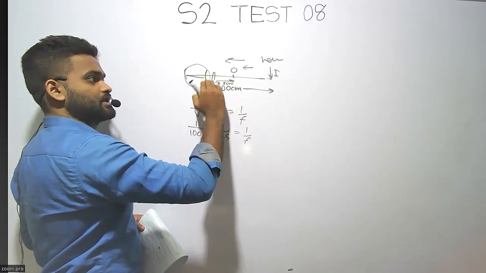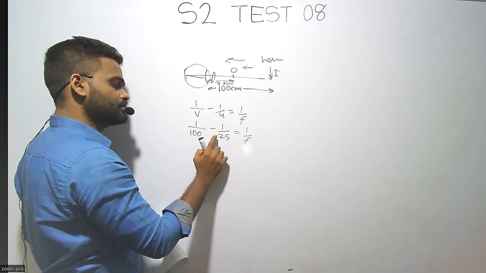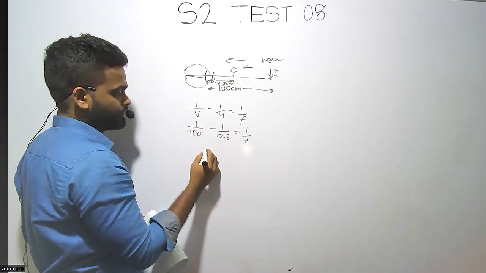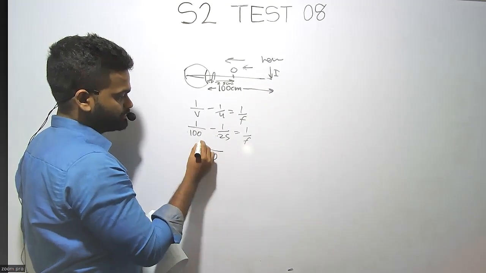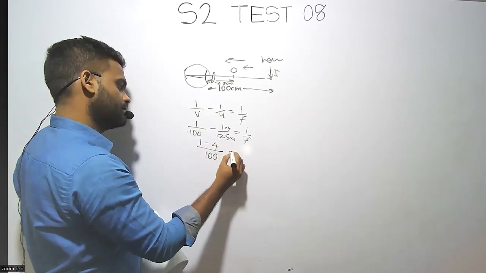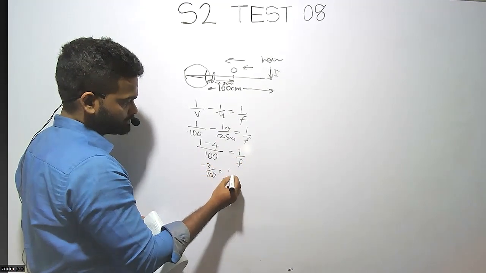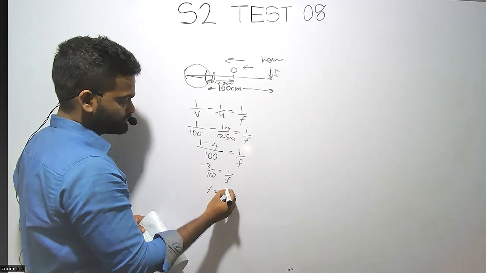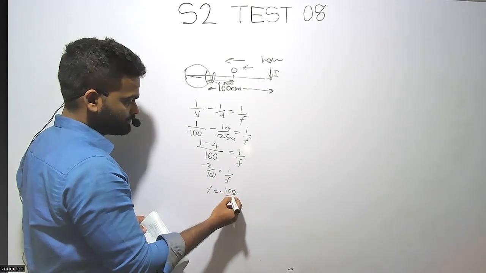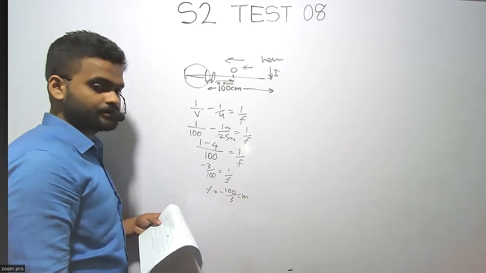So if the measurements are taken to that side, according to sign convention, these values are positive, right? Okay. So this is 100, you have to multiply by 4, 1 over F, minus 3 over 100. So the focal length should be minus 100 over 3.